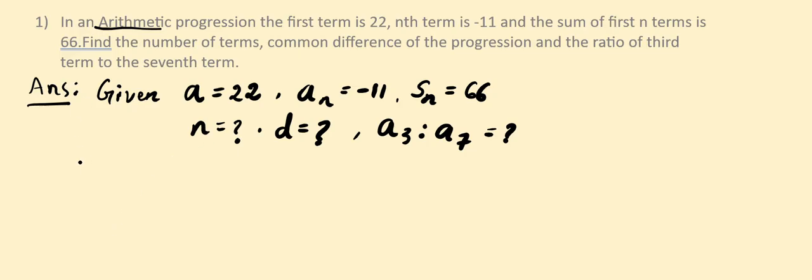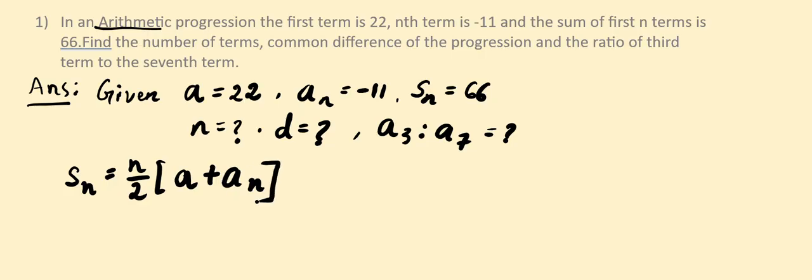We know the formula for the sum of the first n terms. What is that? Yes, Sn is equal to n by 2 into 2a plus n minus 1 into d. That is the formula. Or we can write it as n by 2 into a plus an, which is nothing but the addition of the first and last term, the nth term.